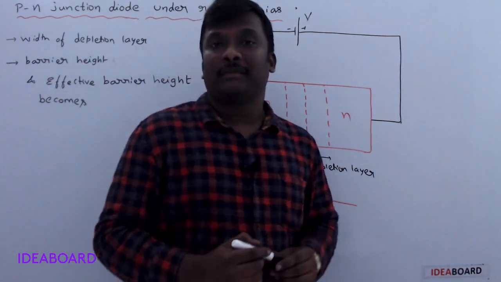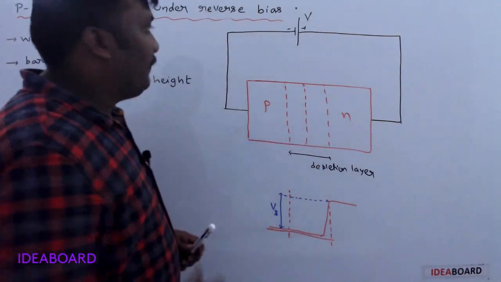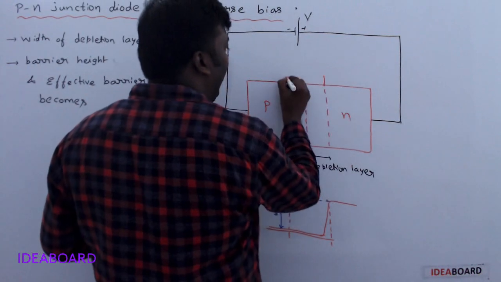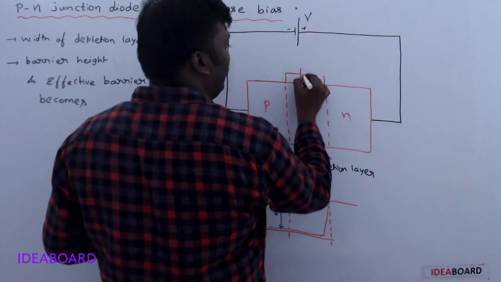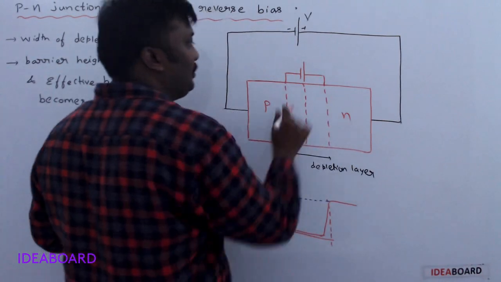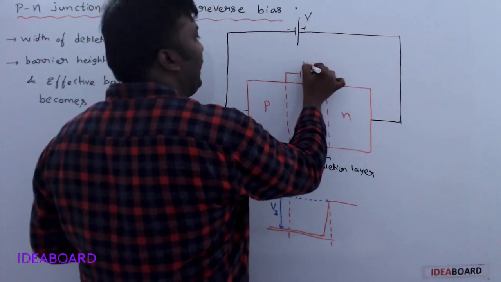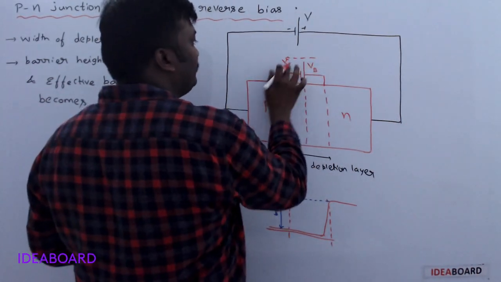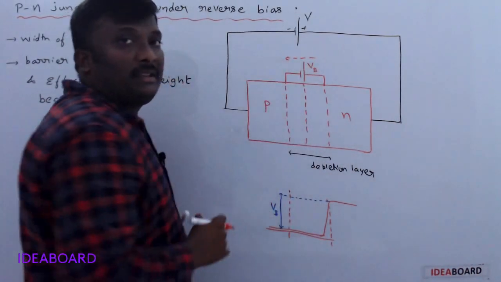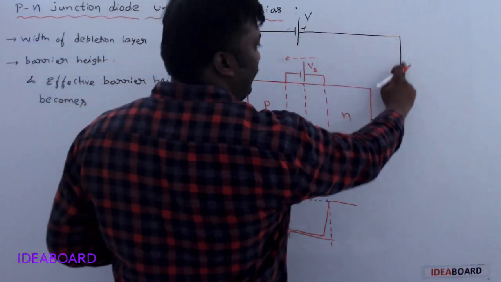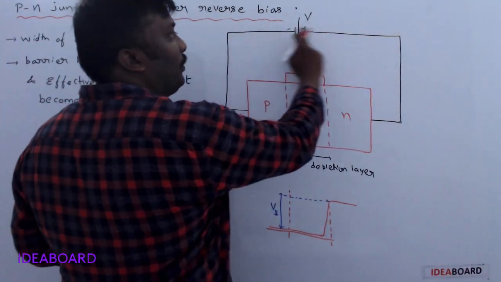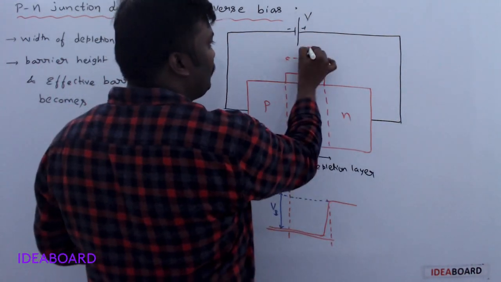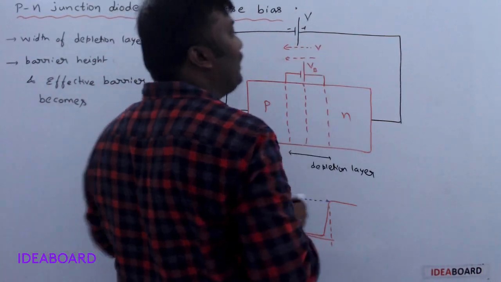Okay, now during reverse bias, what happens? First of all, see the directions of the barrier potential and applied potential. The barrier potential is always in this direction. Now see the applied voltage: here it is higher potential, here lower potential. Both are in the same direction, so the applied voltage is also in the same direction.